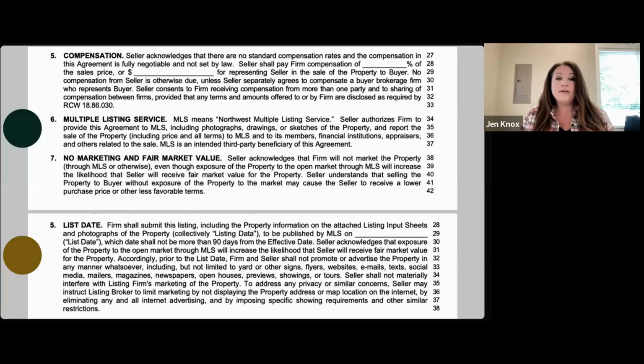So by that seller recognizing and signing this form, they are saying that they understand that this property is going to be purchased by a buyer without giving the exposure of the property to the general market and the general public, and that they may in fact see a lesser price or maybe less favorable terms.